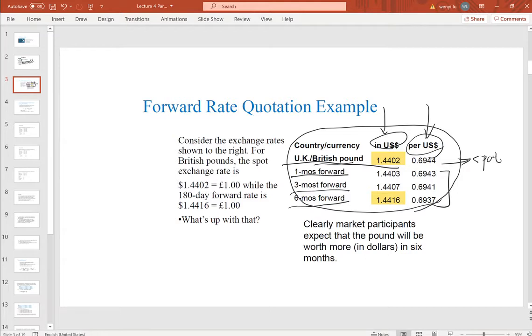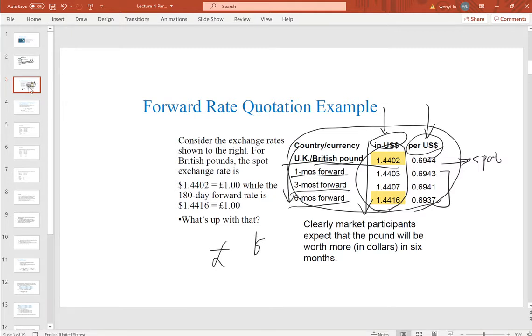So based on this quote, based on these numbers, what's the market participants' expectation? You can see the numbers are increasing. For the same pound, the market participants expect it will exchange for more dollars in the future.